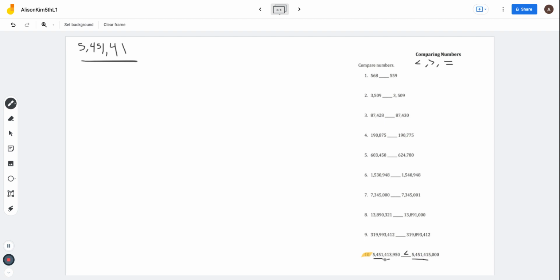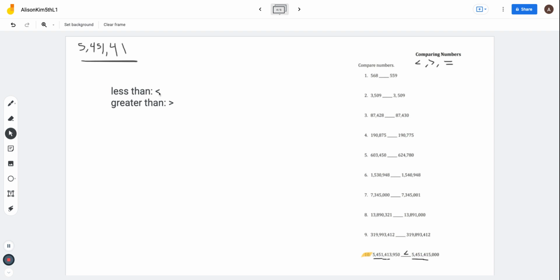And some people might get confused on how to use the less than and greater than, so I will label it for you guys. Less than is going to be this symbol, and greater than is going to be this symbol. The way you use it is, you see this open side, you have to think about it like a Pac-Man or like an alligator.